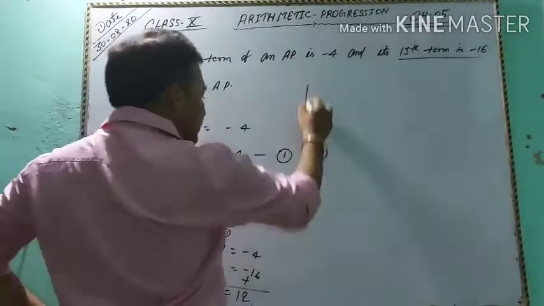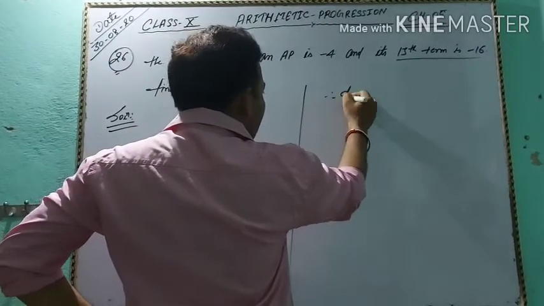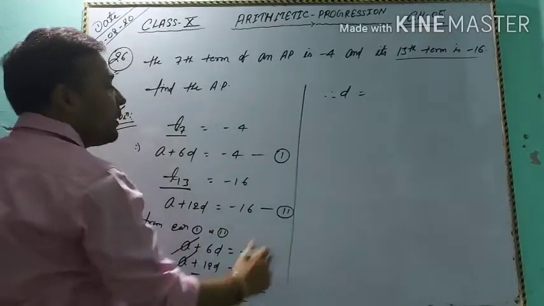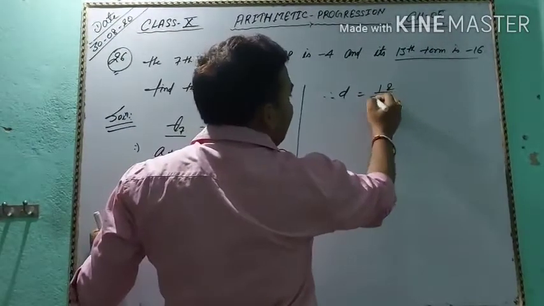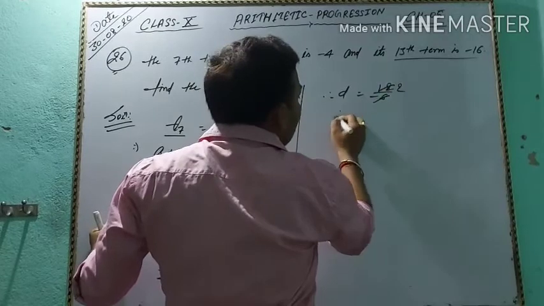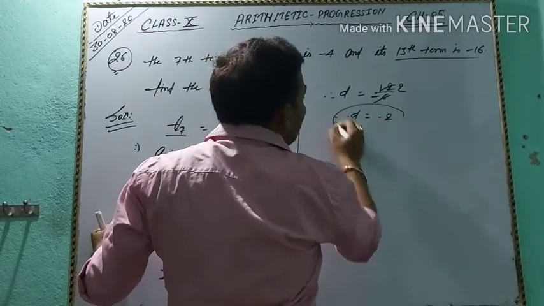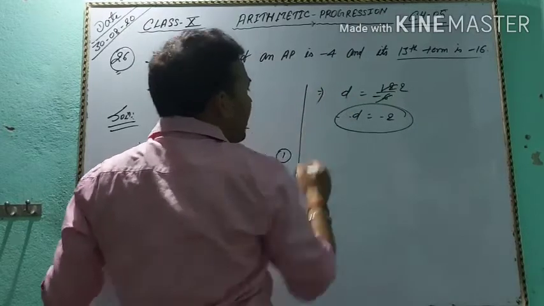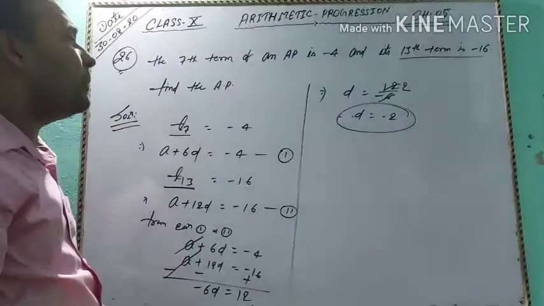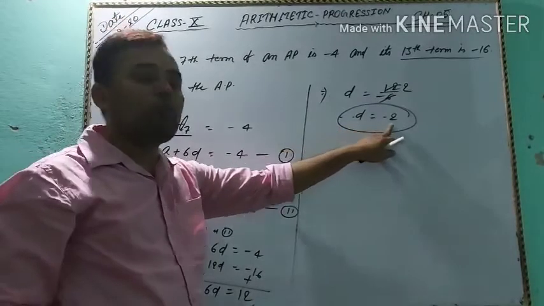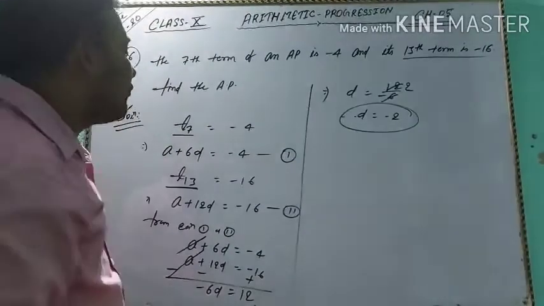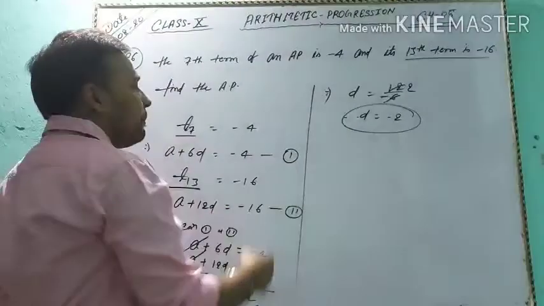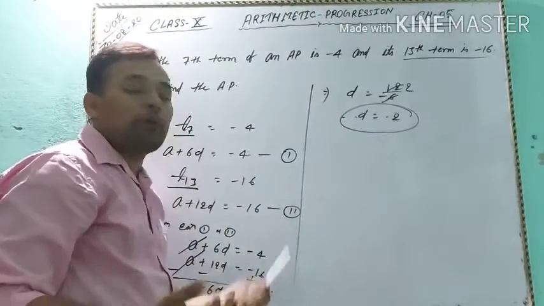So students, d equal to 12 by minus 6. 6 2 are 12, so d equal to minus 2. The common difference d equal to minus 2, and find the value of a from equation 1 or equation 2.